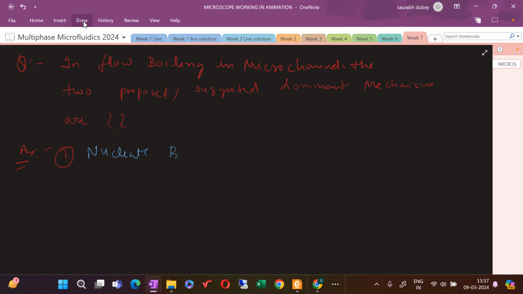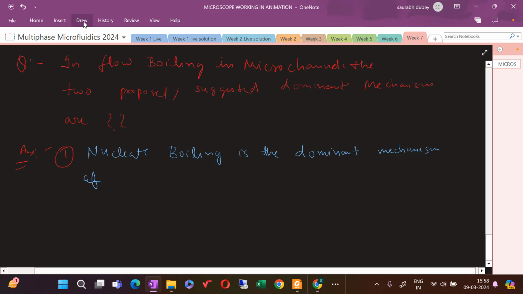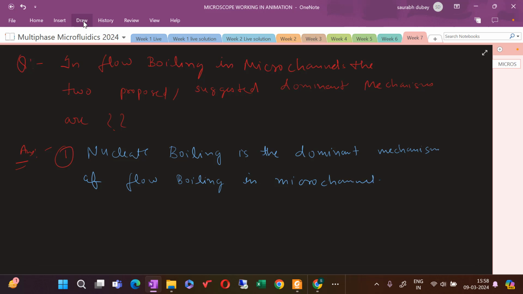Nucleate boiling is the dominant mechanism of flow boiling in microchannel.